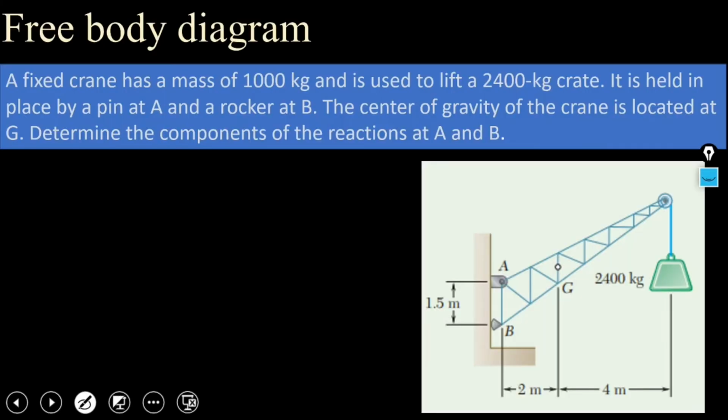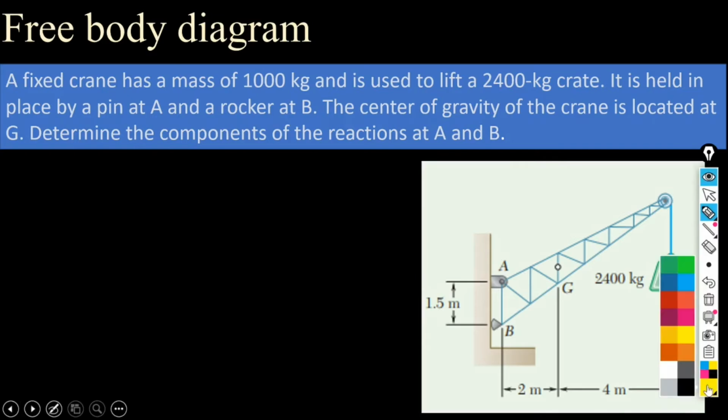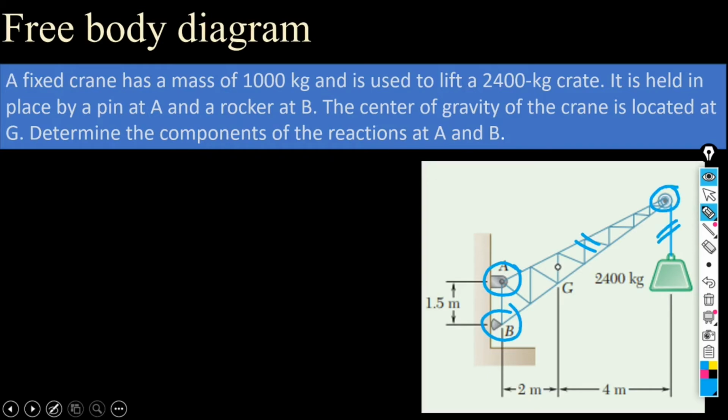Let's introduce the free body diagram. A free body diagram is one where we isolate the body from all the elements that are holding it and replace them with the corresponding reaction forces. In this case, let's take the crane structure here, and the holding elements are a pin joint, a roller joint, and a roller which is attached to a weight with a rope as well.